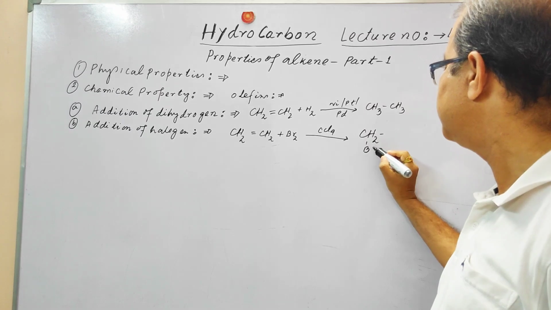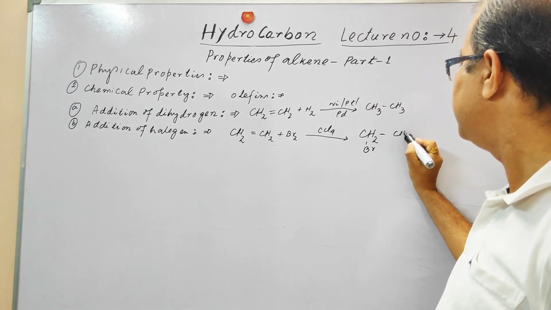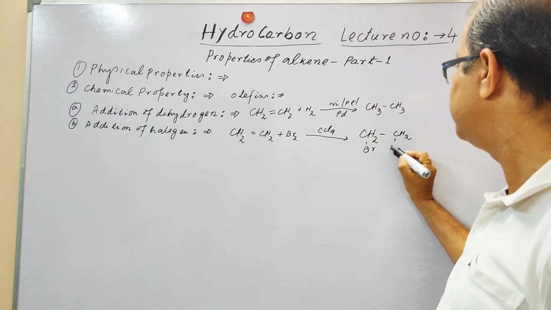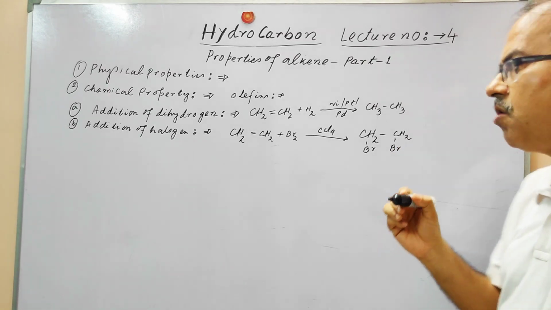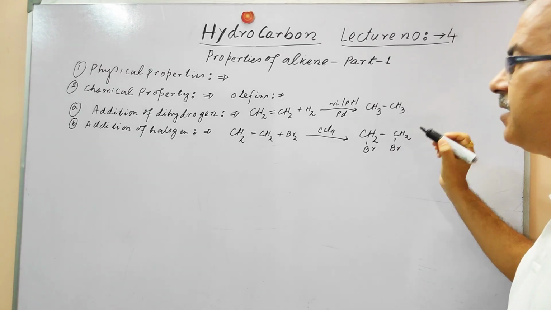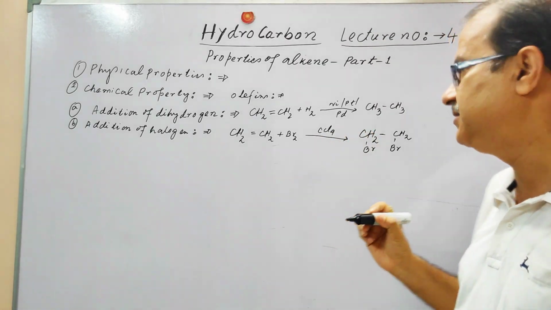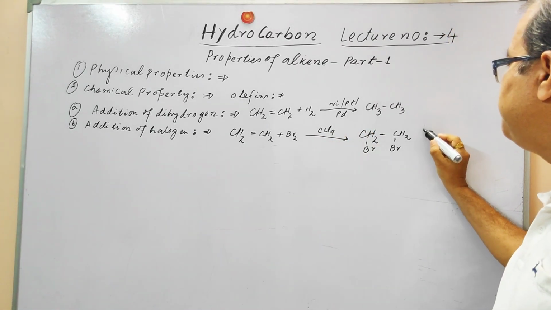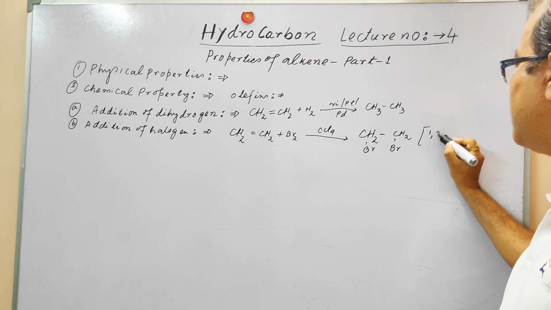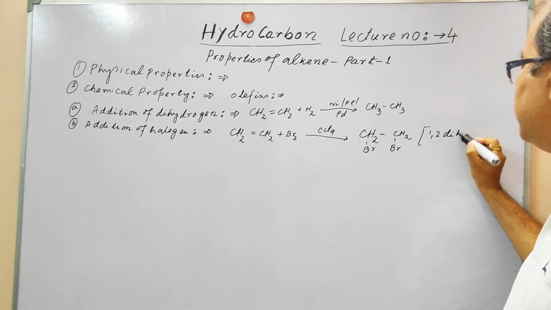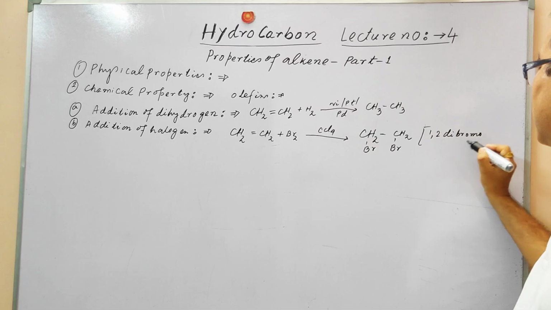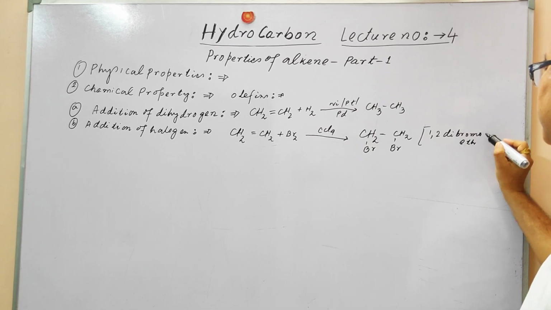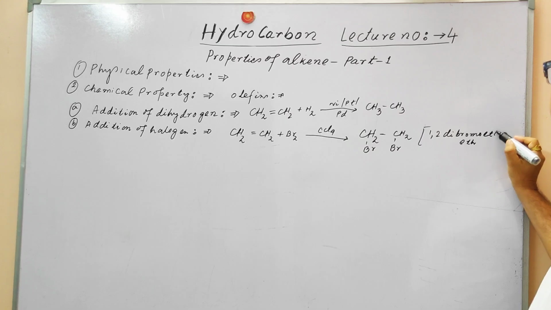The common name of this material is vicinal dihalides. In this case, the IUPAC name is 1,2-dibromoethane.